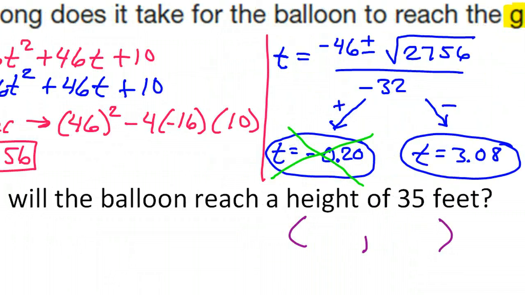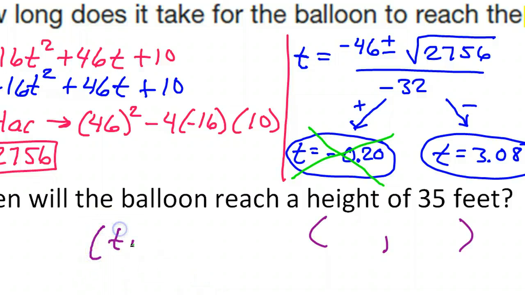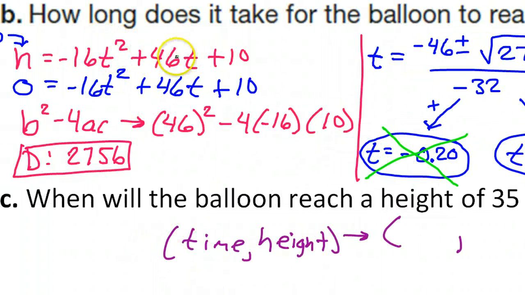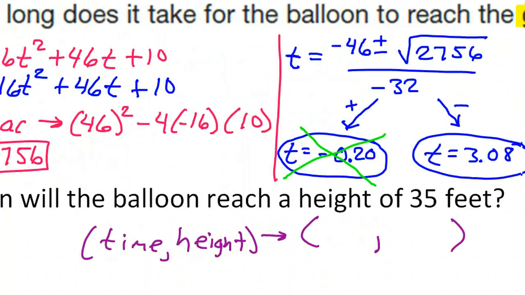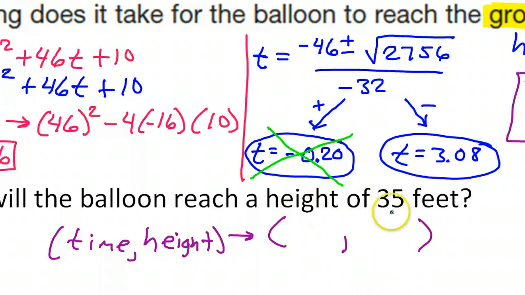Remember, all of our points are in the form time, comma, height, because time is like our x values when you look at the formula, and height is like our y value. So by giving us a height of 35 feet, it's like they're giving us a y value, and they're asking us the x value that goes with it.